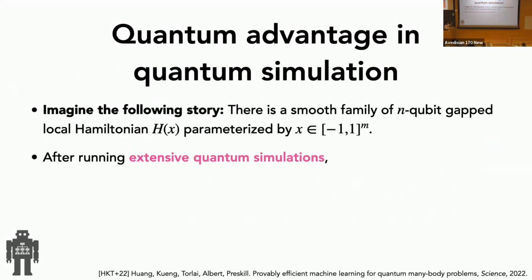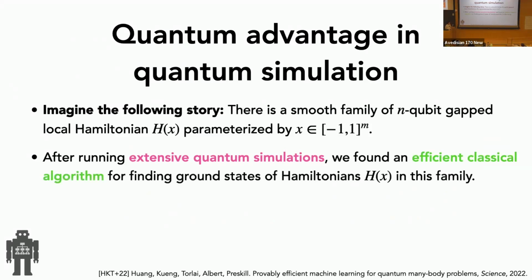And now suppose, a priori, we don't really know how to solve for the ground state or understand the ground state properties of these Hamiltonians. So we run a ton of extensive quantum simulation using all kinds of tools that people develop in this community to try to solve for the ground state, try to solve for the thermal state, and try to learn properties, say using classical shadow or other related learning algorithms to learn the output from the simulation, etc. Let's say after doing tons of work, we eventually found an efficient classical algorithm for finding ground states of Hamiltonians in this family.